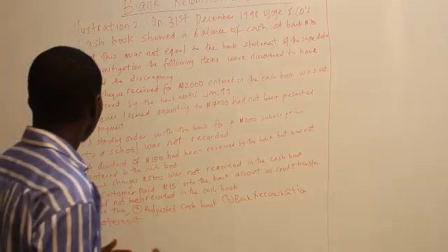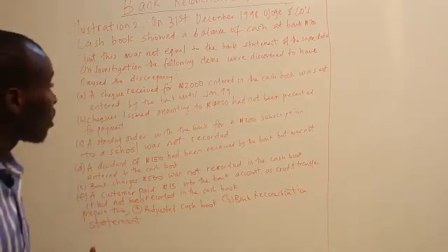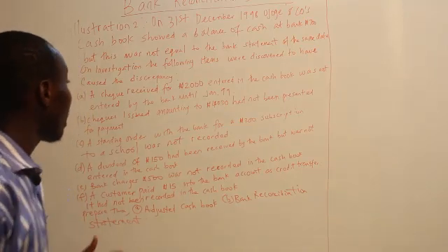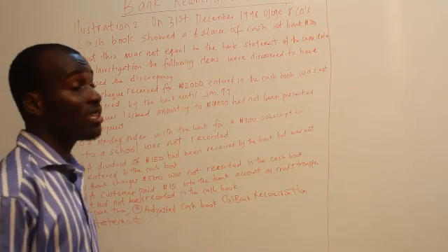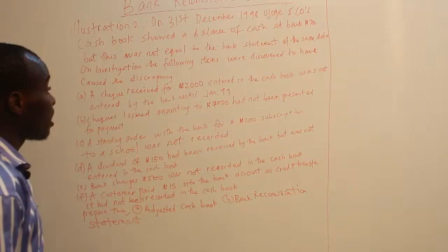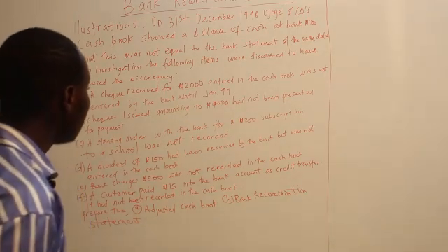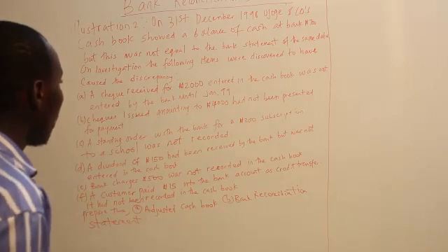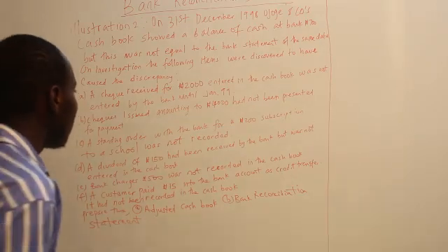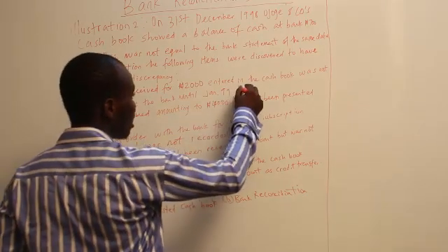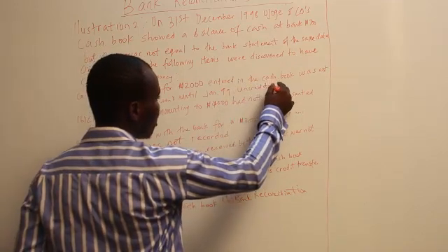So we have a check received for 2,000 naira entered in the cash book but not entered by the bank until January 1999. This has been entered in the cash book, but it has not been entered in the bank statement until January. This is the uncredited check.